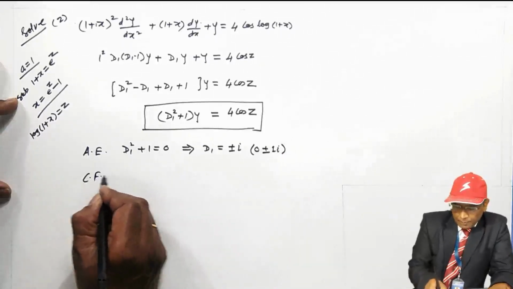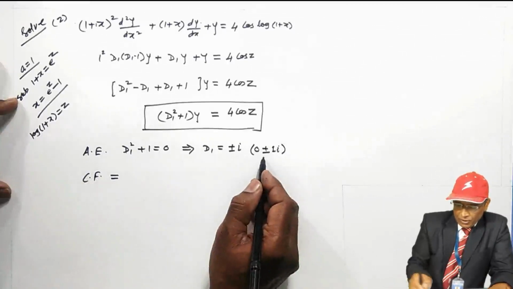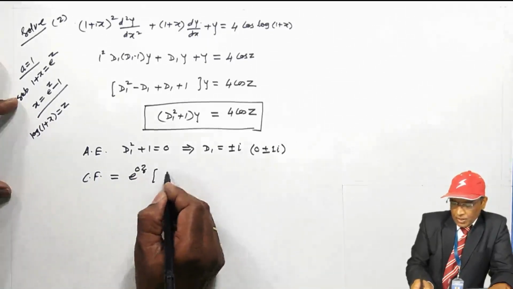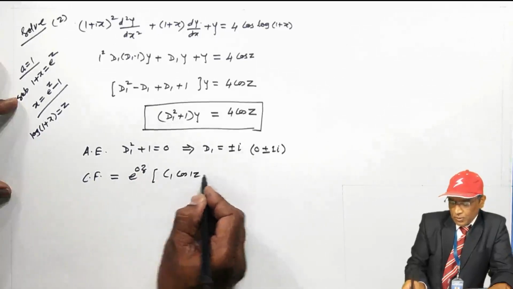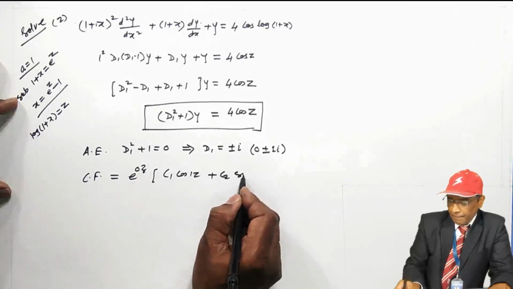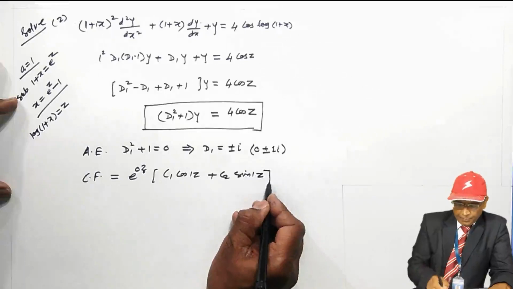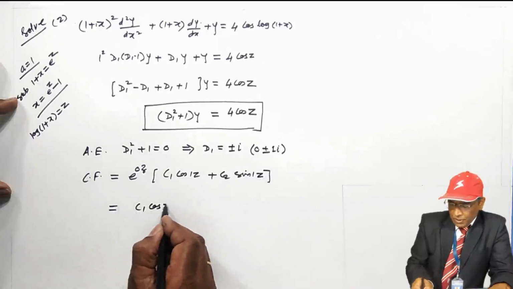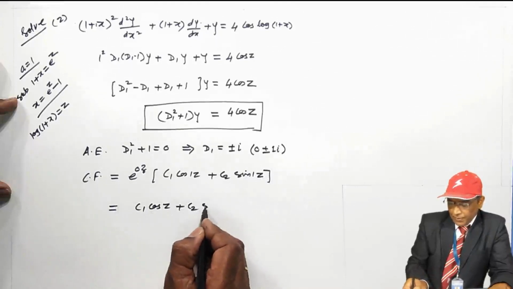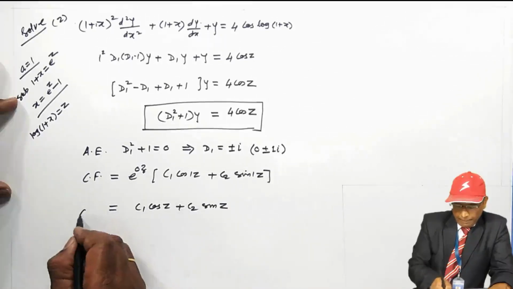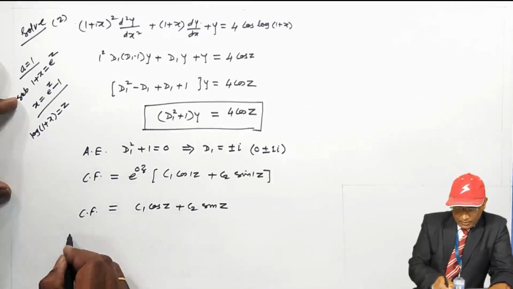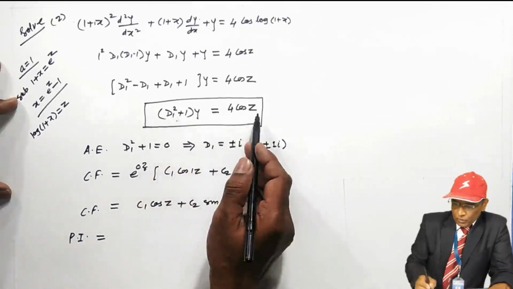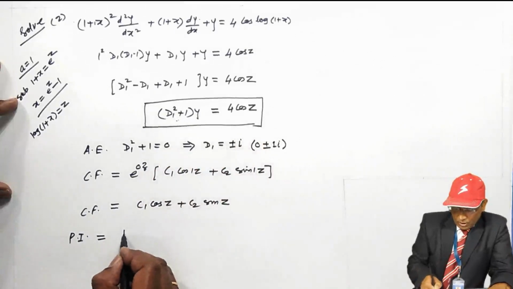Complementary factor, imaginary and different roots: e raised to power 0 z, c1 cos of 1 z plus c2 sin of 1 z. Okay, then e raised to 0 is 1: c1 cos z plus c2 sin z. This is the complementary factor.